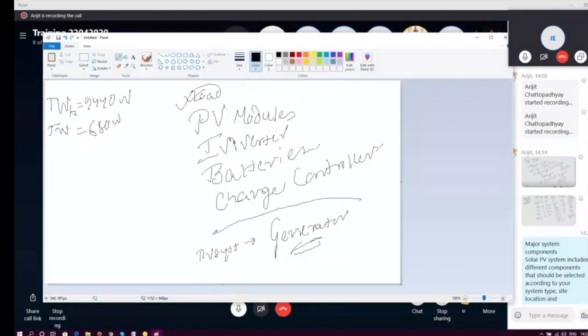This is again not possible in manual calculation, though it is possible by doing optimization, but it is tough. It can be done in PVsyst, but the design itself is possible manually. That is PV modules, inverter, batteries, and lastly the charge controller. So let's start with PV modules.